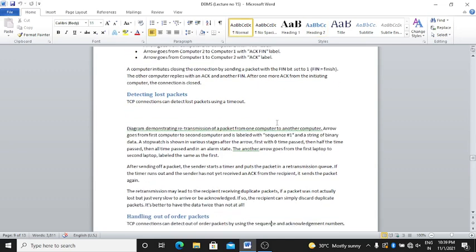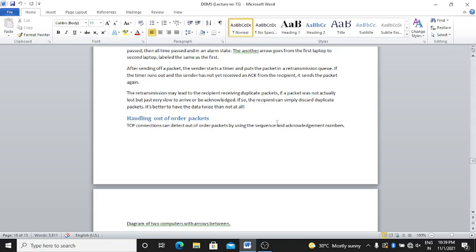The retransmission may lead to the recipient receiving duplicate packets, if a packet was not actually lost but just very slow to arrive or be acknowledged. If so, the recipient can simply discard duplicate packets. It's better to have the data twice than not at all.